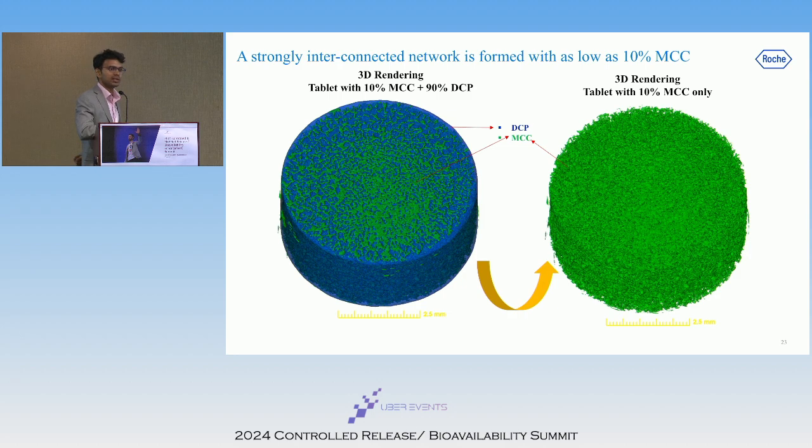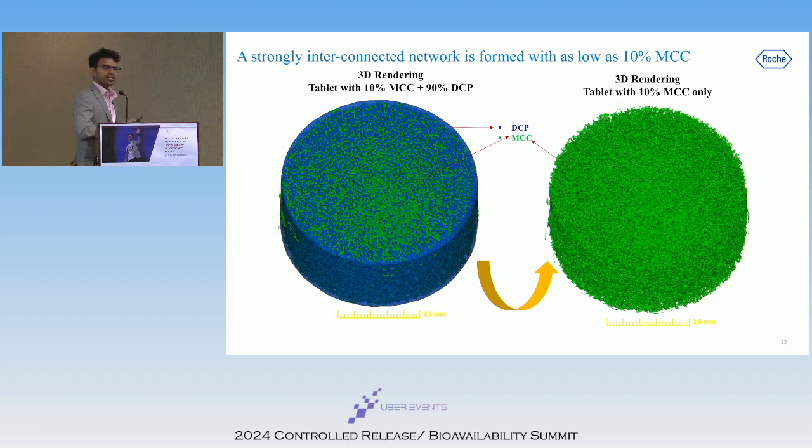interconnectivity, and for that we did this 3D rendering. The image on the left depicts a DCP tablet containing 10% MCC, and to create this striking visual contrast, we used these two different colors. The one in blue represents DCP, and the one in green represents MCC. So I want to understand how MCC is distributed within this matrix and is able to help enhance this water uptake.